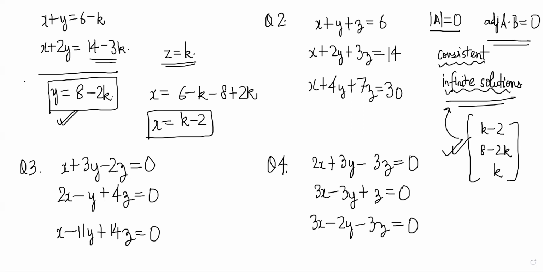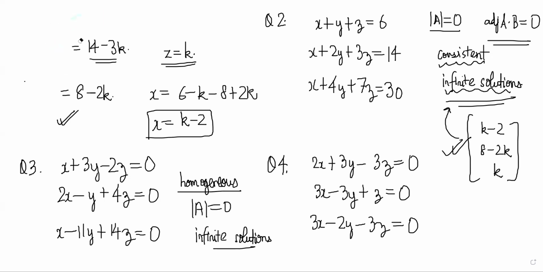No, I didn't calculate it. I just calculated the det value, and we already know that B is a null matrix. So I didn't calculate that. You have to just say homogeneous and det of A is 0, so it has infinite solutions. Yeah. I didn't calculate adjoint of A into B. But you are saying that. I just mentioned it because it basically meant homogeneous only.